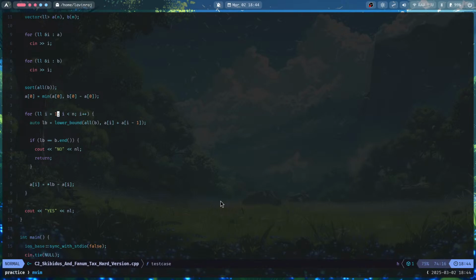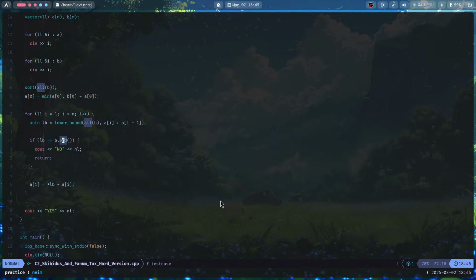Then we start from the first index and we find a lower bound for A[i] and A[i-1].